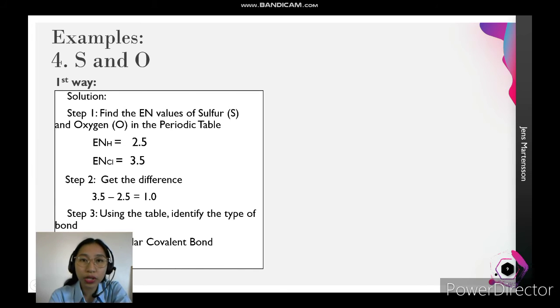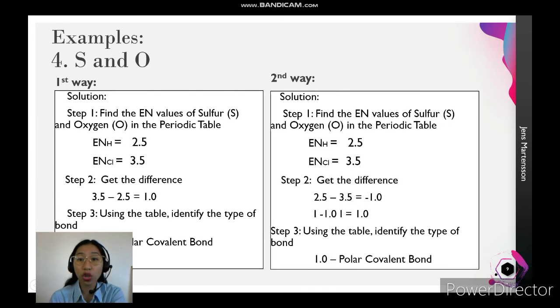Now 1.0 falls under 0.5 to 1.6. Therefore, the bond between sulfur and oxygen is a polar covalent bond. Okay, 1.0 man siya. Second way, which is used in your module, is this. So find the electronegativity value of sulfur, which is 2.5, and for oxygen is 3.5.